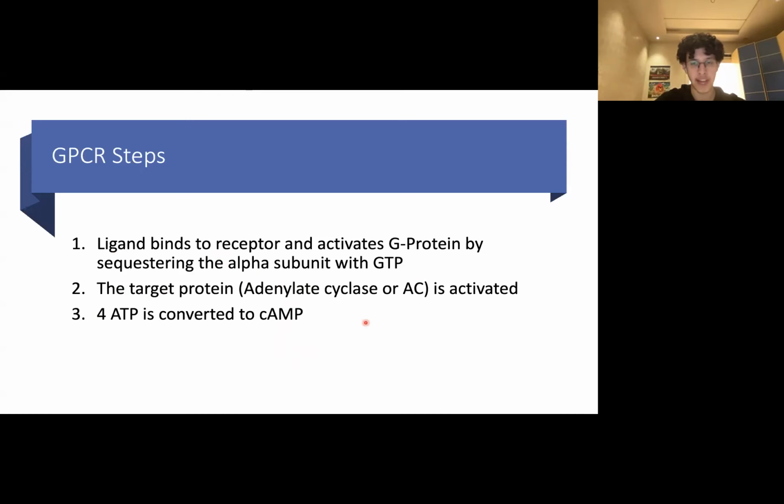When the target protein is activated, that's adenylyl cyclase, the ATP will be converted to cyclic AMP. Keep it simple: ligand binds to receptor, activates G protein, alpha subunit with GTP is sequestered, adenylyl cyclase is activated and makes cyclic AMP. So the whole goal of these GPCR steps is to make cyclic AMP. Adenylyl cyclase will make cyclic AMP.